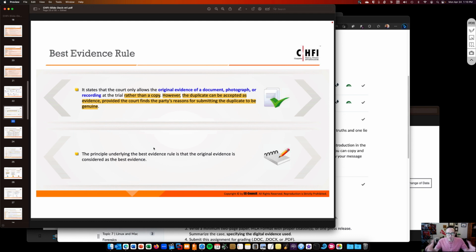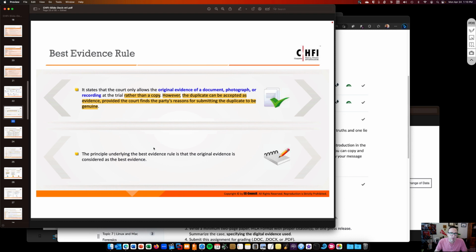You don't actually go out and get the server and pull it and bring it in and put it into the courtroom. Basically it's best evidence, saying this is the best evidence we can, we can verify it is a copy that was given to us from the ISP or the cloud provider. And so there's a process in place to do this, and we're going to look at cloud in this course.